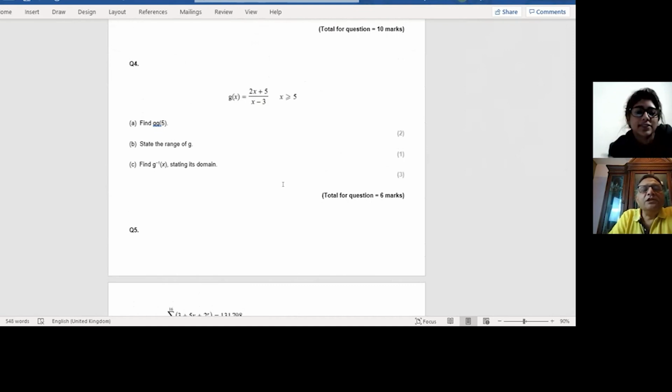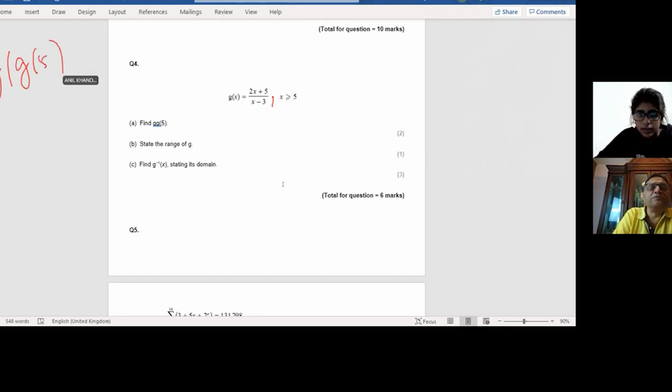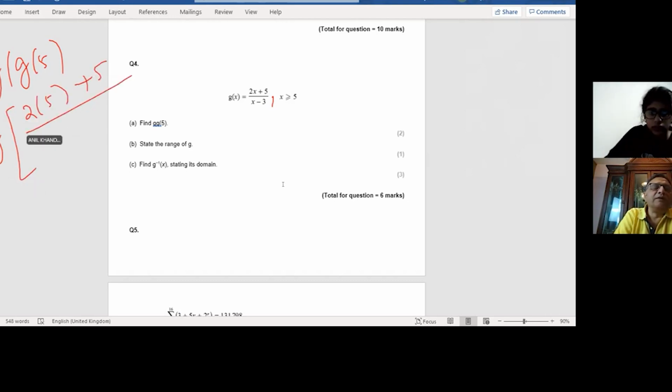So you want me to do this question number 4? Yes, please. g of x is (2x plus 5) divided by (x minus 3), for x greater than or equal to 5. Find g of g of 5. That should be simple. So basically substitute 5 here. When you substitute 5, you get 2 times 5 plus 5 over 5 minus 3.